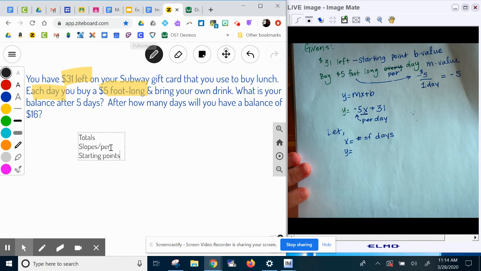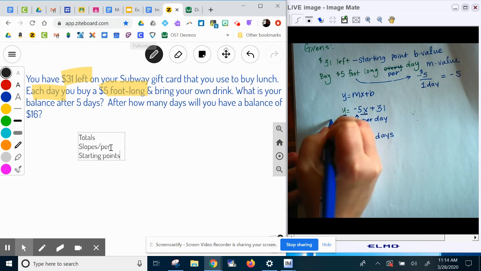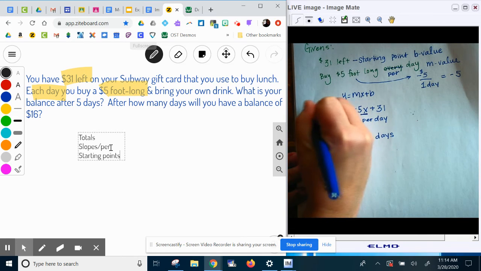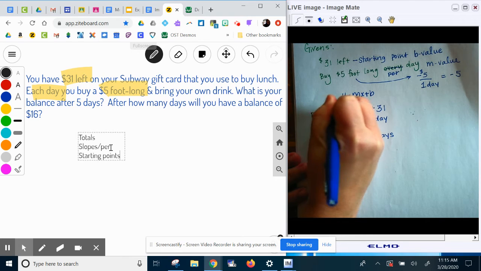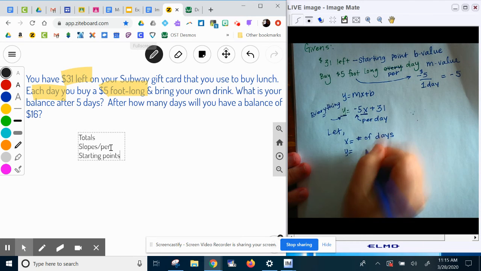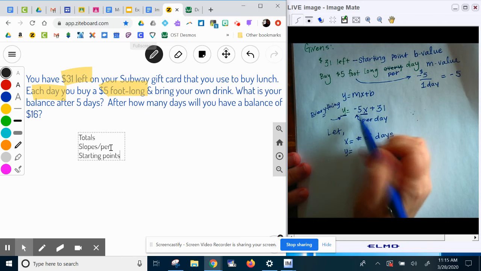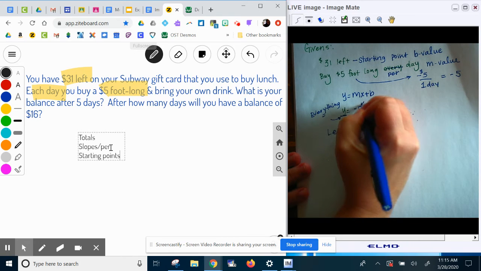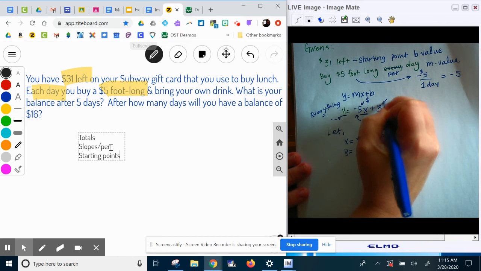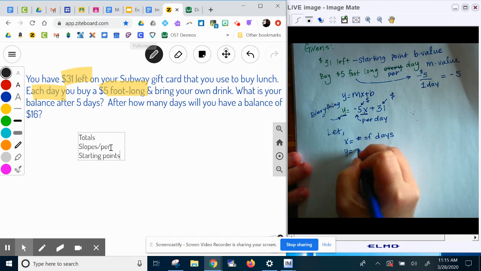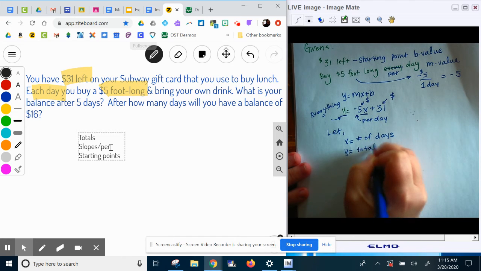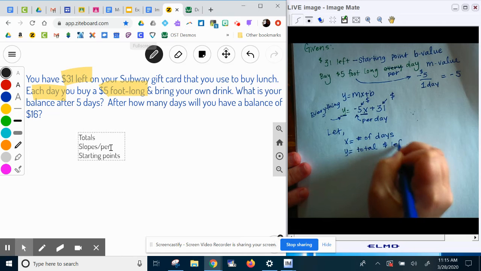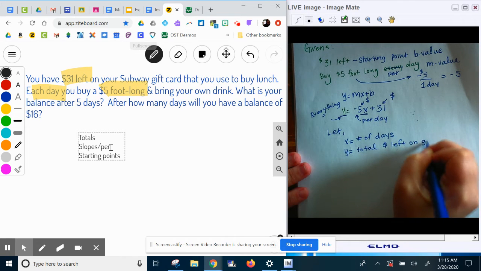And now where my y is what everything equals. So that's going to be what it equals at the end. So this time I'm saying money, $31. So y is my total money left on the gift card.